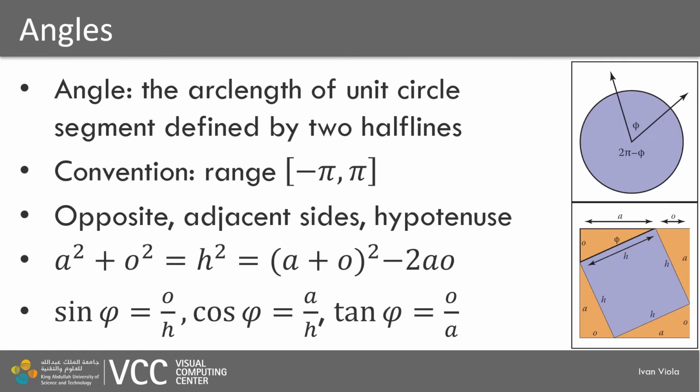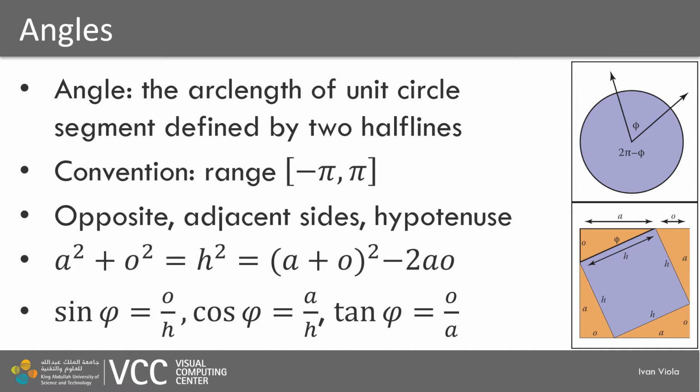Now, let's have a short recap on a very often needed element of computer graphics and geometry in general, which is angles. We will be dealing with angles for computing various relations of our geometric elements in the scene and the camera and the light interactions, and therefore we need to understand their basic properties.